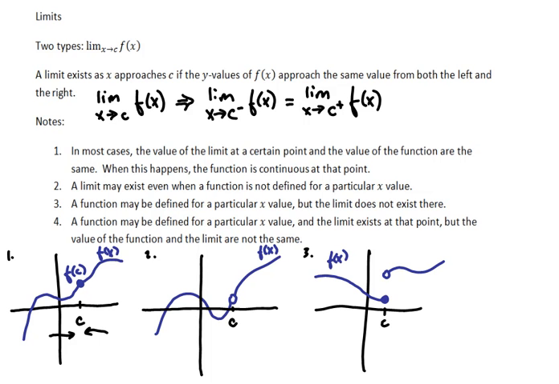And the fourth note, a function may be defined for a particular x value, and the limit may exist at that point, but the value of the function and the limit are not the same. Okay, so in the fourth diagram, we have this function of x, and we can see that it has a point discontinuity at x equals c.